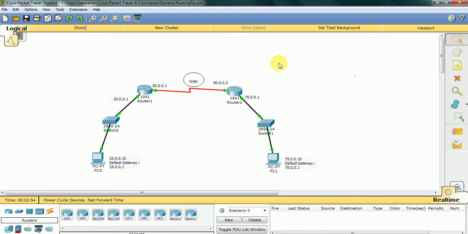For static routing, please see my video tutorial. In this tutorial, we are going to see about dynamic routing. For dynamic routing, a number of protocols are available. In this, we are going to see about RIP, Routing Information Protocol, which is a distance vector protocol.